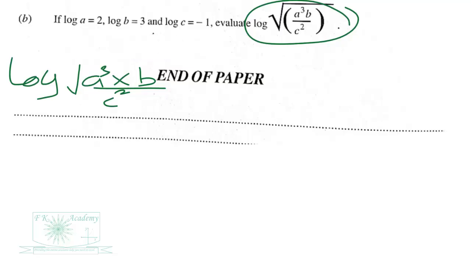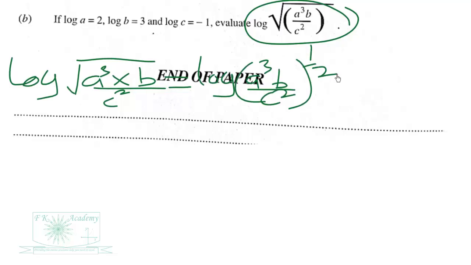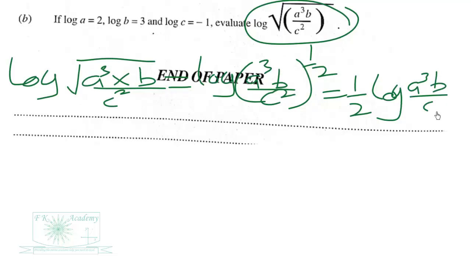So this will be equal to log of a cubed b over c squared, exponent 1 over 2. Let's apply the laws of logarithm now. So the exponent comes to multiply the whole thing. So 1 over 2 log of a cubed b over c squared.